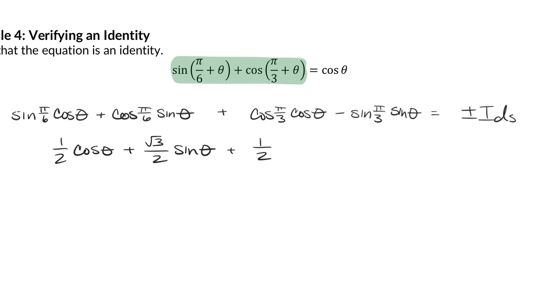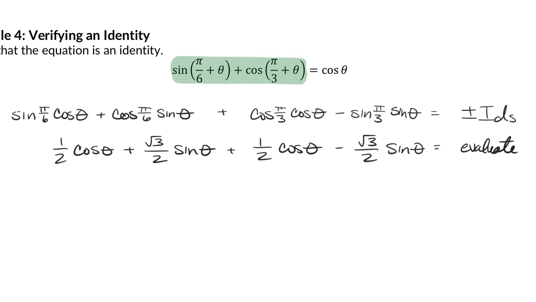That's 1/2 times the cosine of theta. And then square root of 3 over 2 times the sine of theta. So what is that step called when I'm looking at my unit circle? It starts with an E. Evaluate. Thank you.